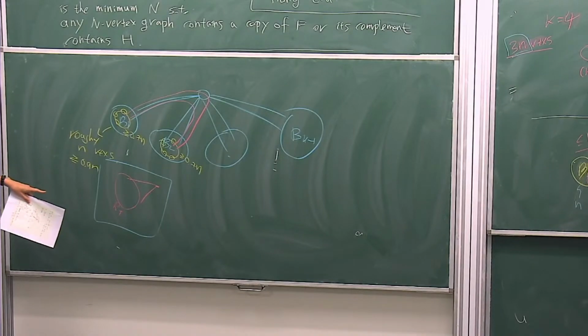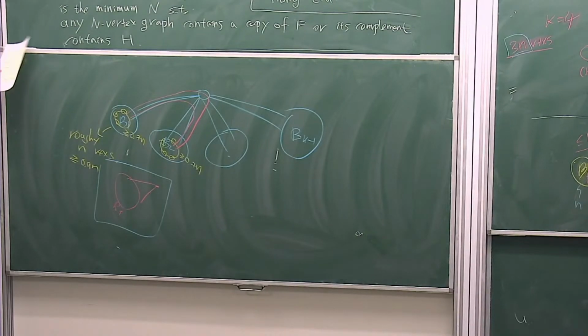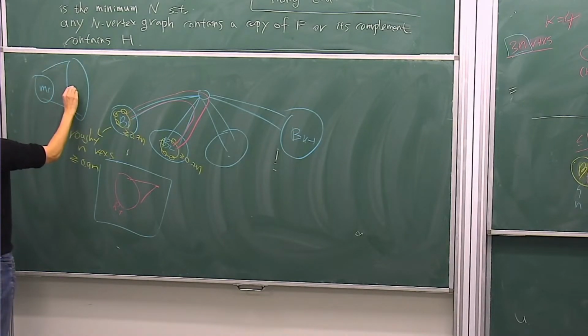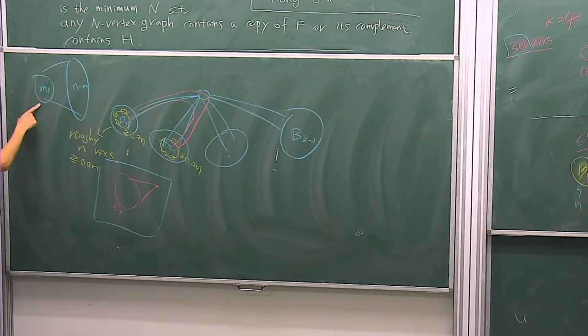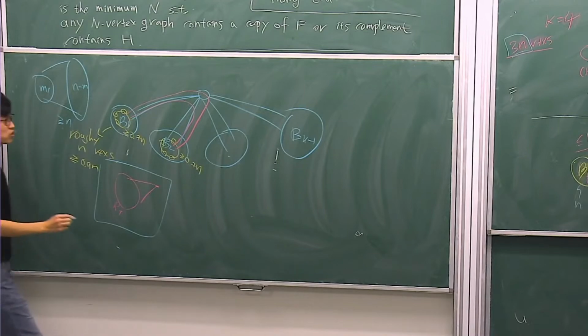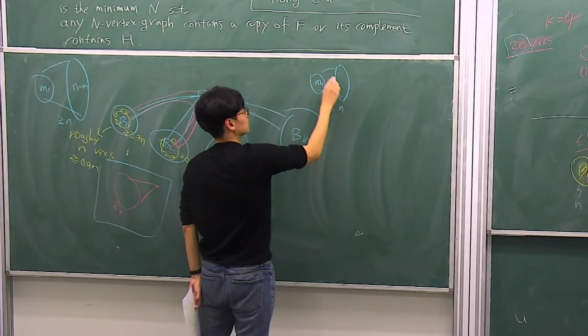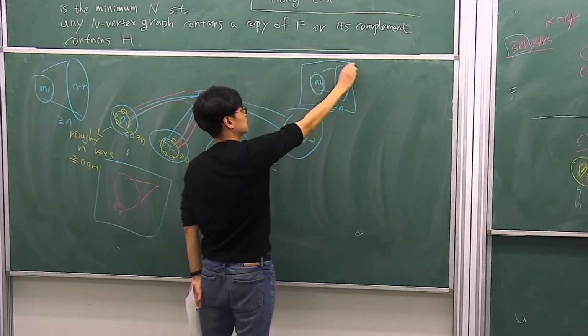But if you reduce this to one part, then recall that we are doing all the things in terms of induction on K. With induction on K, one good thing is that if you have an M1 set, it gives you expansion. Meaning that whatever M1 set you take, its neighborhood together must be at least N. Because if not, you have an M1 and a small neighborhood smaller than N, and you take this set and delete this.